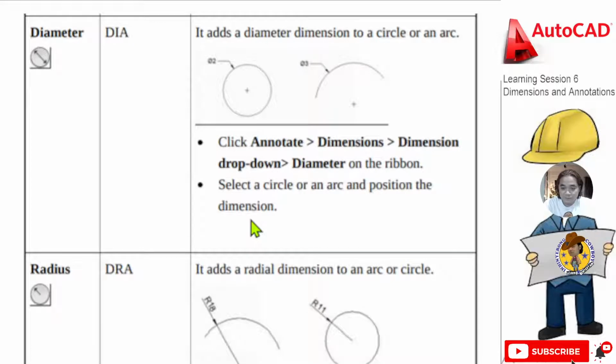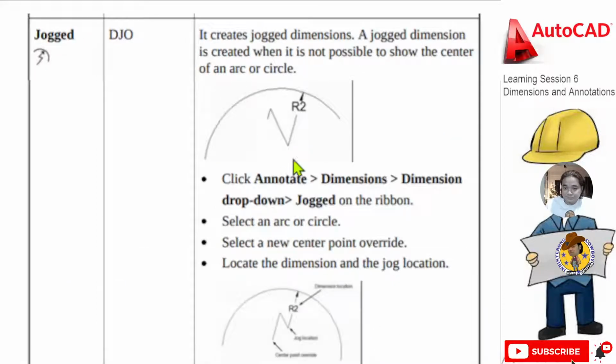Okay, so for radius, you can type DRA in the command line as the shortcut key. Then it adds radial dimensions to an arc or circle. So like this one, R18, R11. So this is radius.